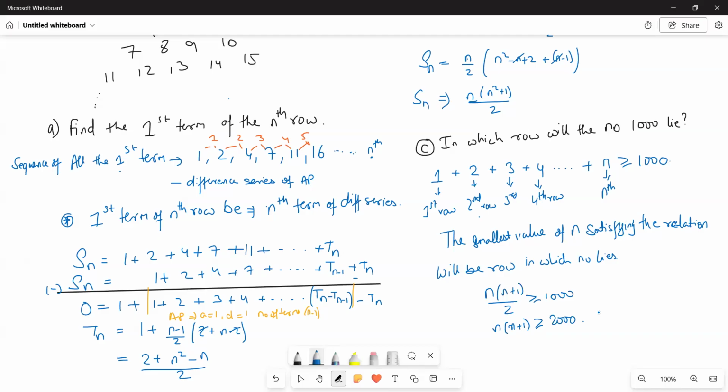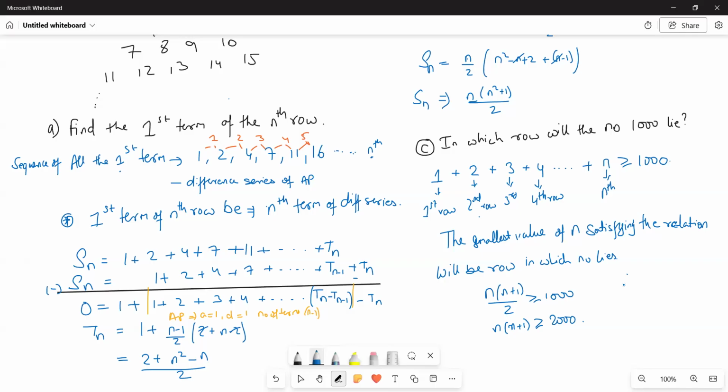So 30 into 31 will be 930. 30 into 30 is 900, so 30 into 31 would be 930. पर 2000 जाना है और बड़ा सोचना होगा. 50 into 50 would be 2500. छोटा होगा. 40 into 40 would be 1600. थोड़ा बड़ा करना है. 45 into 45 is 2025. थोड़ा सा छोटा आना होगा.